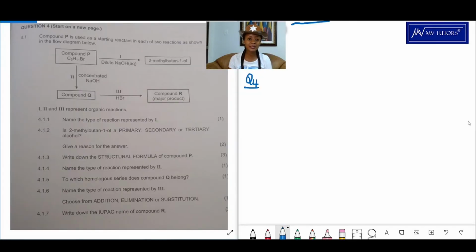So compound P is used as a starting reactant in each of the 2 reactions as shown in the flow diagram below. So we have compound P there. Okay, so we don't actually know the structure. I can see that this is a saturated compound. Why?